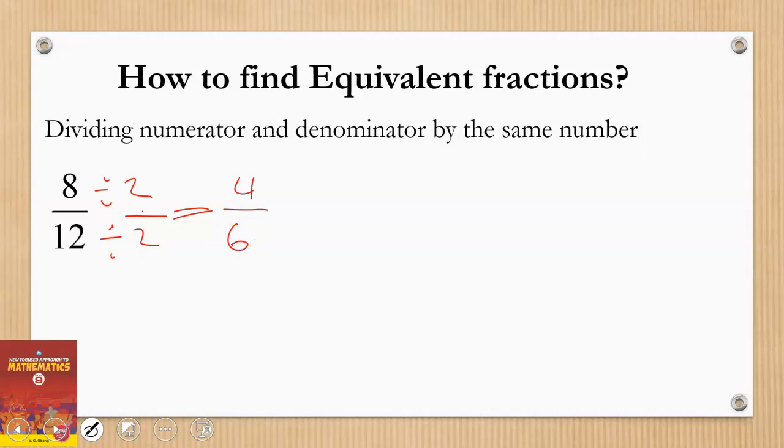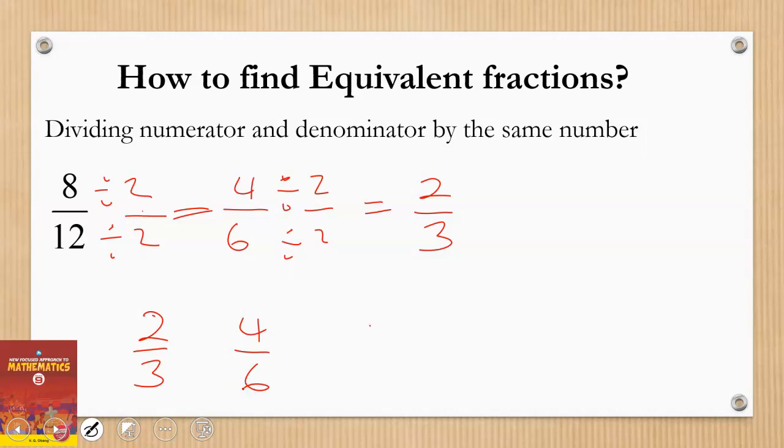So here we can say that 8/12 is equivalent to 4/6. Again, I can still divide by 2 here and also divide 6, and that will give us 2 divided by 3. And so we can say that 2 divided by 3, 4 divided by 6, and 8 divided by 12 are all equivalent. They are all equivalent fractions, right?